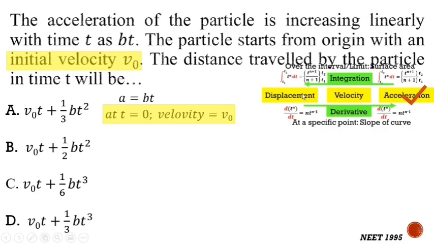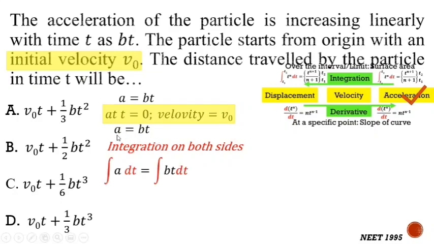So let us start with taking the integration. Integration on both sides of this equation will give the integral of a dt equal to the integral of bt dt. So the integral of a dt is nothing but velocity, and for the integral of bt, t is the variable, and by taking the integration of this, it will give t square by 2, because we increase the power and divide by the power.